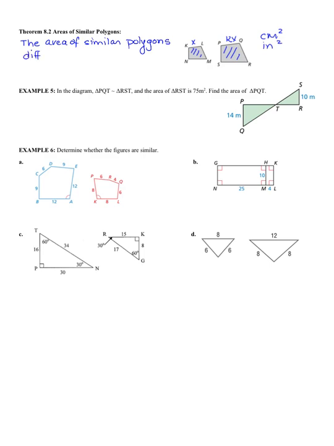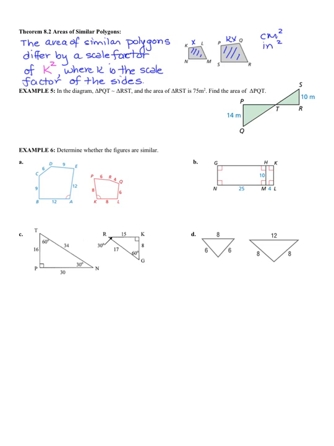It will differ by a scale factor, not of just k, I can't talk and write, I'm sorry, by a scale factor of, I'm going to write this in a different color so you're sure to see it, k squared, okay, where k is the scale factor of the sides. Now this is sometimes difficult to remember because when you find that scale factor, you have to square it if you're doing area.